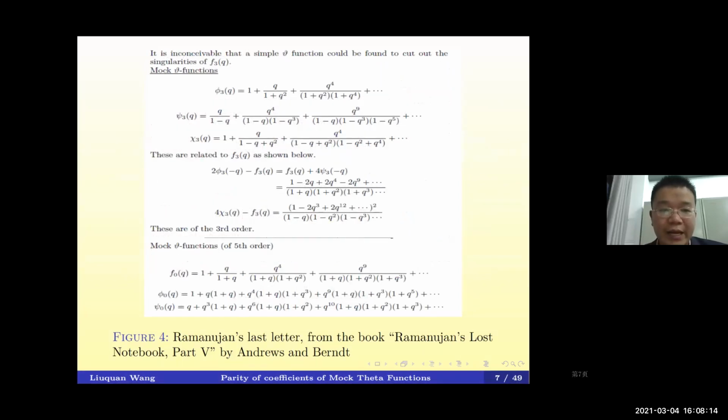In that letter, he divided these mock theta functions into 3 classes: one class of order 3, one of order 5, and another of order 7. The notation is like phi_3, psi_3, and chi_3. These are of the 3rd order.